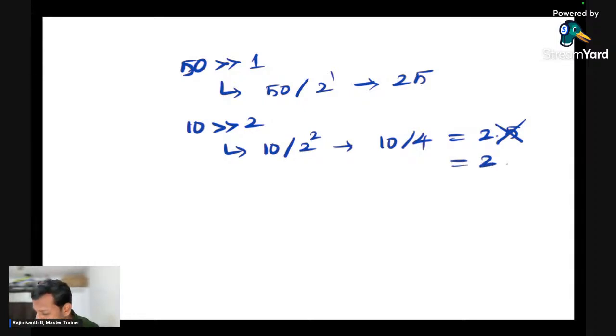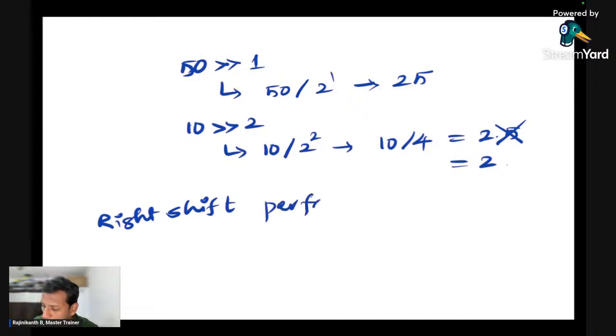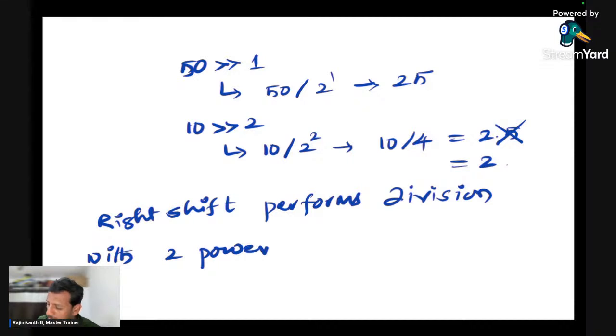That means right shift performs division with 2 power number of bits shifted.